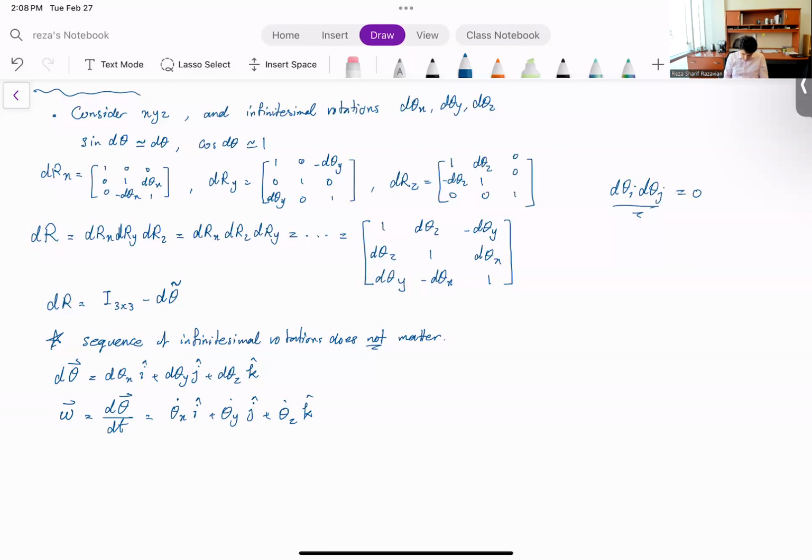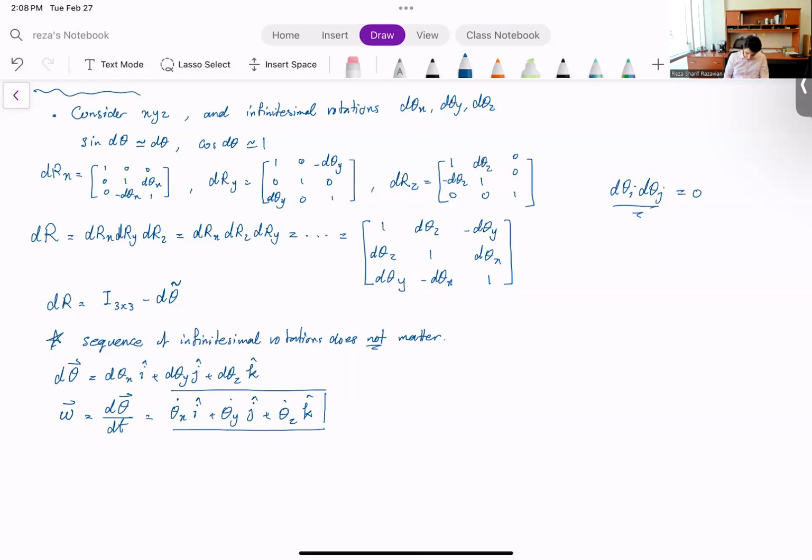And this is my angular velocity that we had before, but it is also nice to look at it from a slightly different perspective of where it came from.